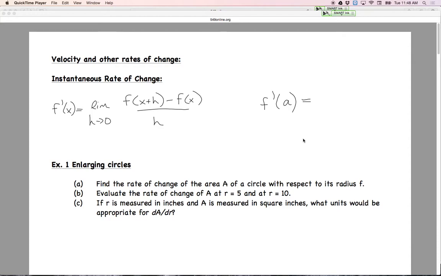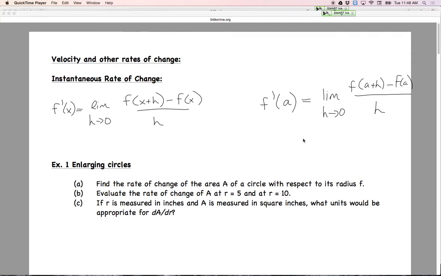If you were to take the limit as h approaches 0 still, but f of a plus h minus f of a over h, that would not only calculate a derivative, but it would calculate a derivative at that x value, at x equals a. So that's doing two things. That's calculating the derivative and plugging a into the derivative at the same time.